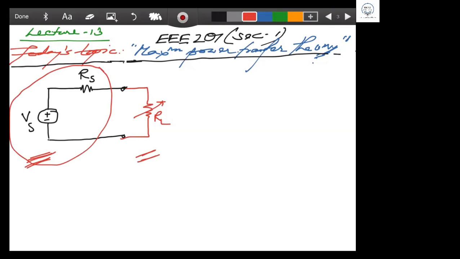So there's a power plant in Ghorashal, one of the biggest power plants in Bangladesh. They produce the electricity, and then through the transmission line, we are getting the electricity in Dhaka city, for example.